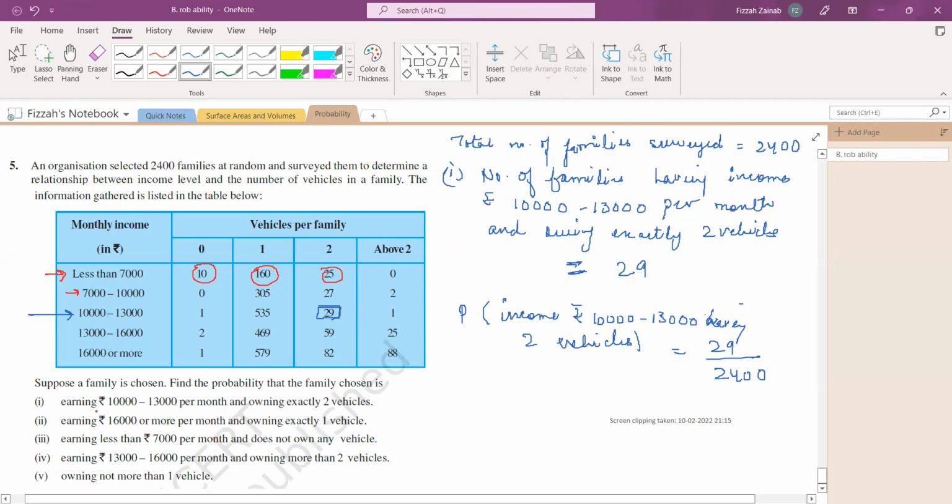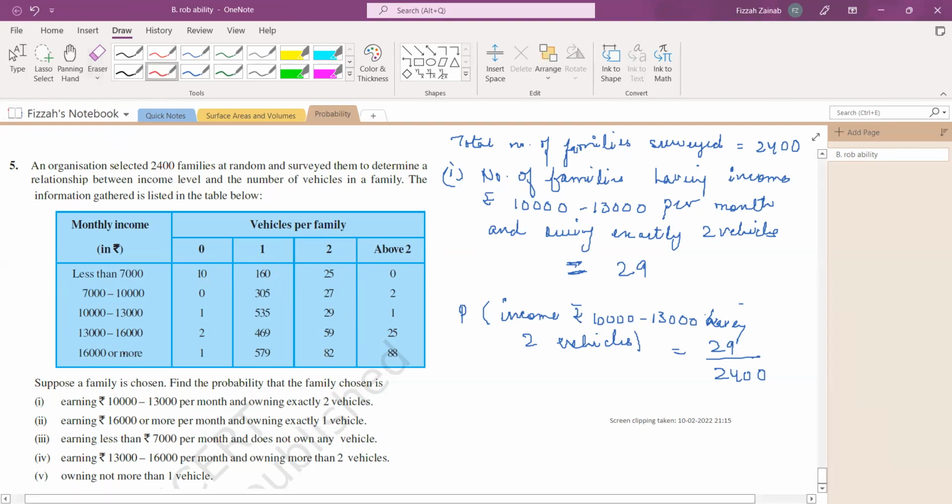Second, earning 16,000 or more per month and owning exactly one vehicle. So 16,000 or more. That means here you have to see. If you remember, in the previous chapter of statistics also, there is one thing I told you. Now look here carefully.